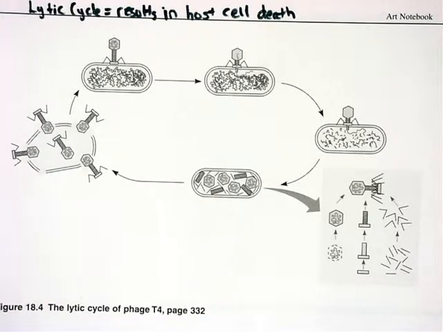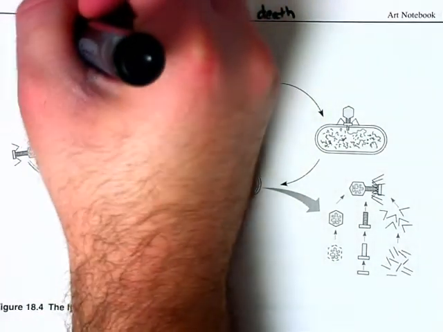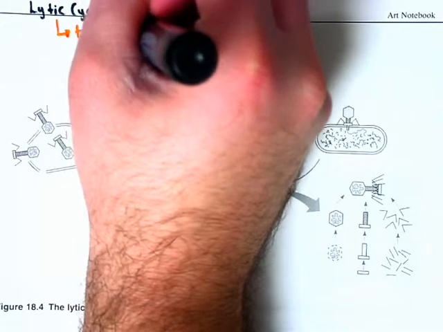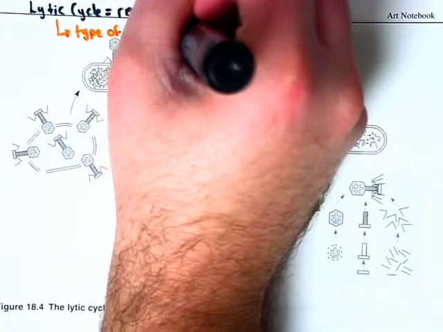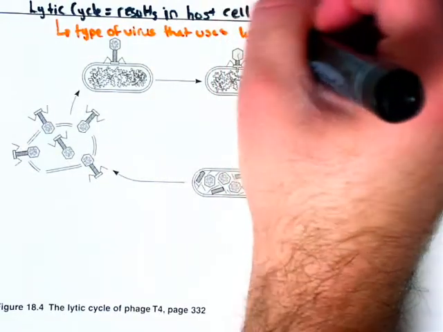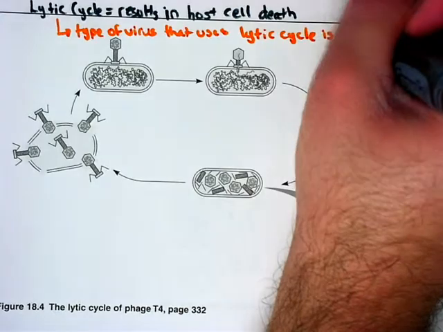A virus that reproduces by this type of cycle, this type of virus that uses the lytic cycle, is called a virulent phage.